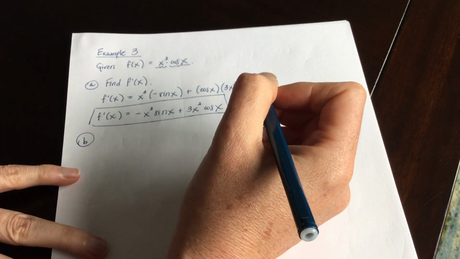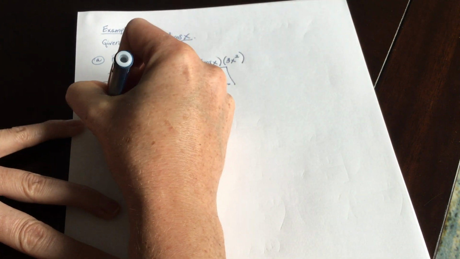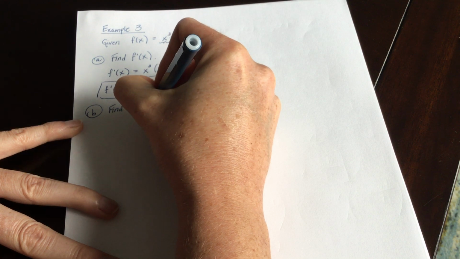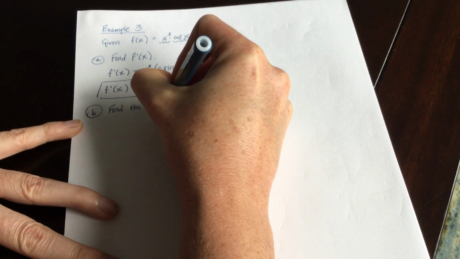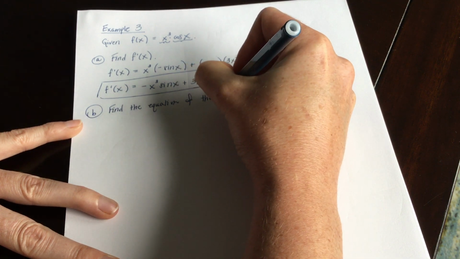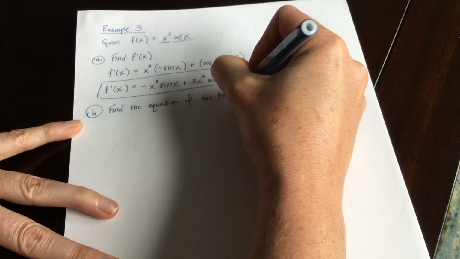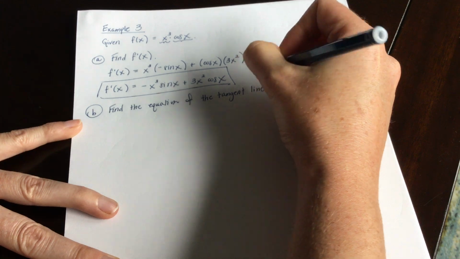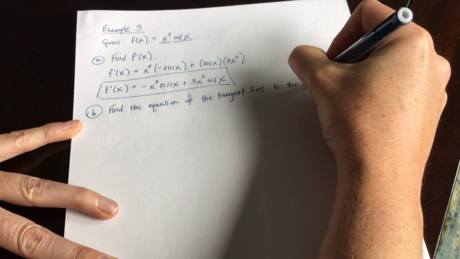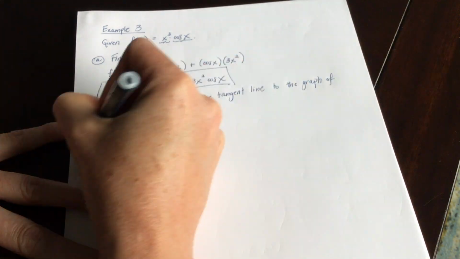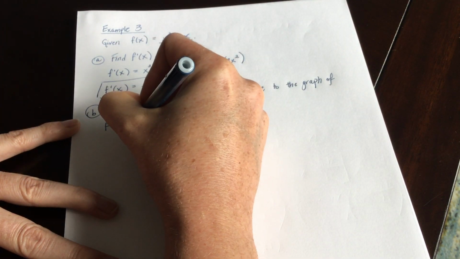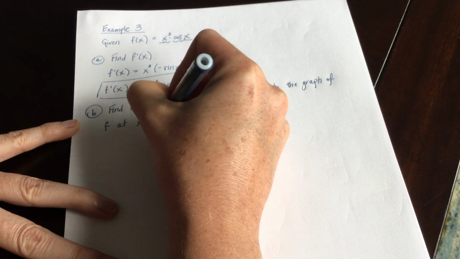All right, part B, let's have you find the equation of the tangent line to the graph of f when x is equal to pi.